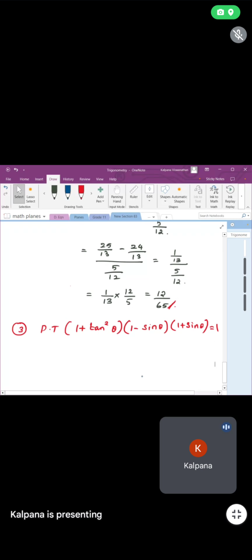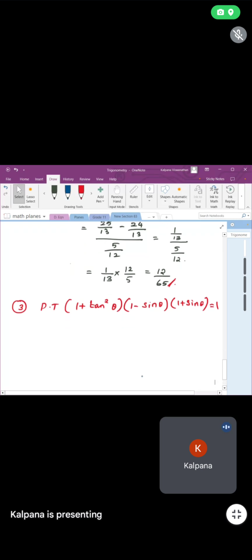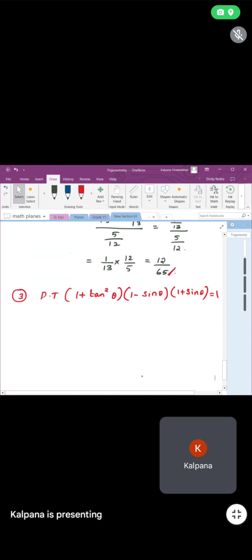So what you can do here: what is 1 plus tan square theta? Secant square theta. So directly 1 plus tan square theta you can write as secant square theta. And from these both, what do you understand? What identity can be used?